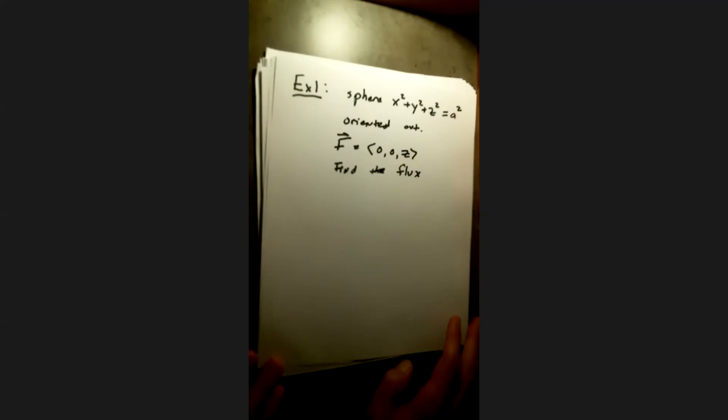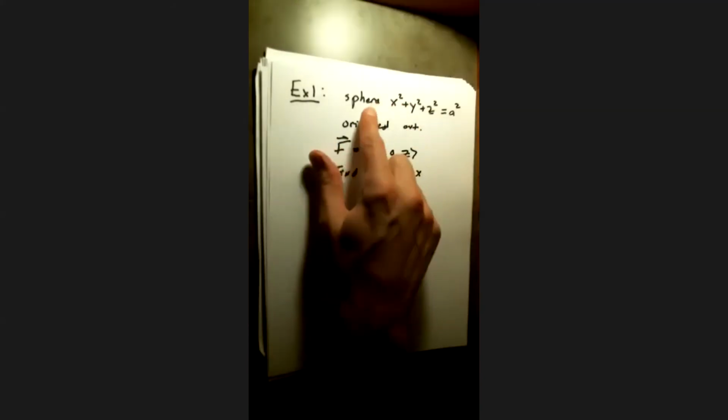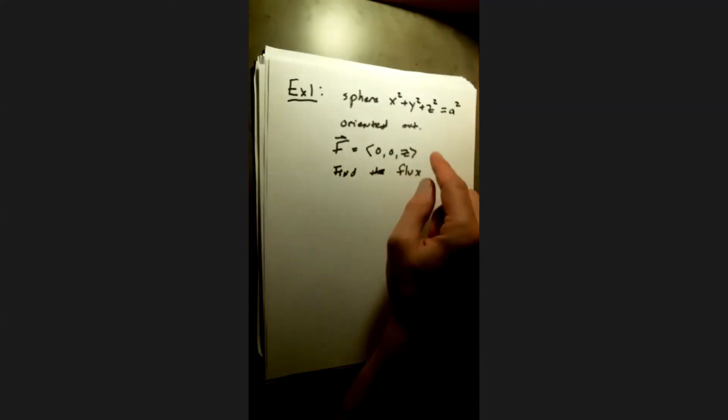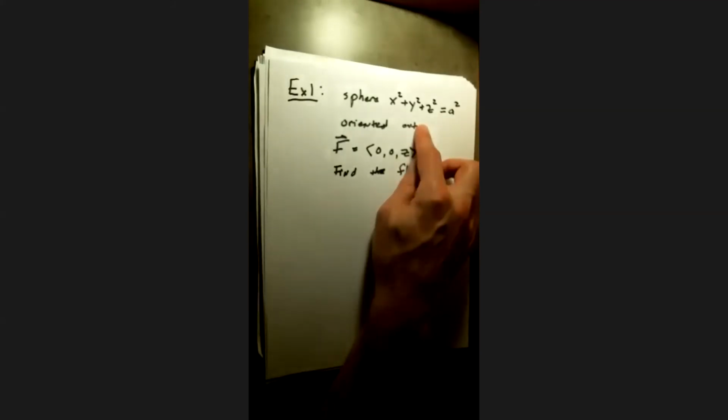I abbreviated the wording here, but the question says, suppose you have a sphere S right here that's oriented outward, and we want to use the divergence theorem to find the flux through this field across the surface.